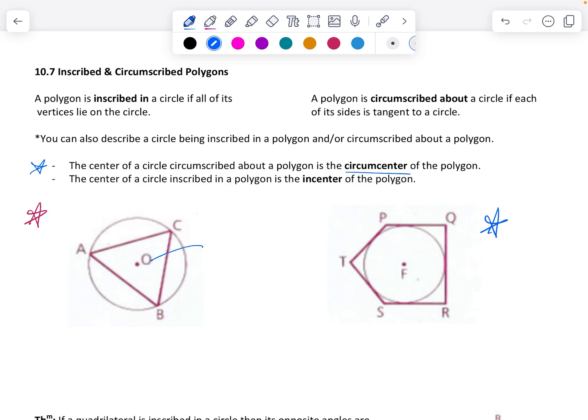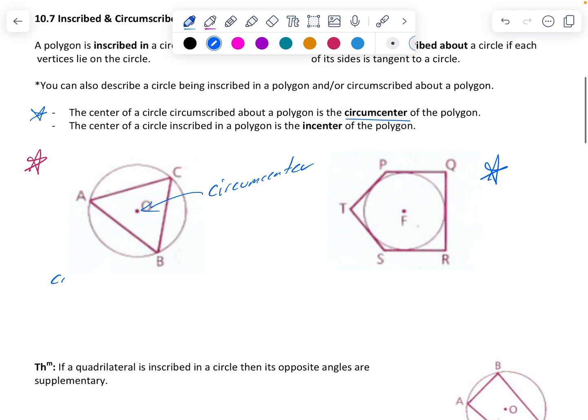So this would be the circumcenter. And this is the circle circumscribed about this triangle. We'll just put that in words there. So circle circumscribed about triangle ABC.